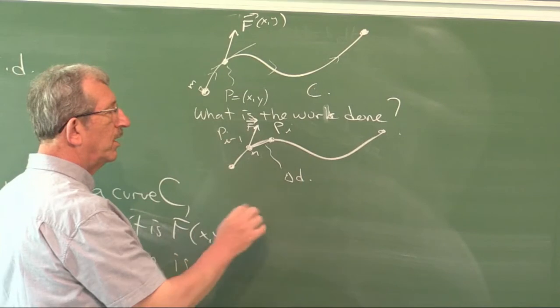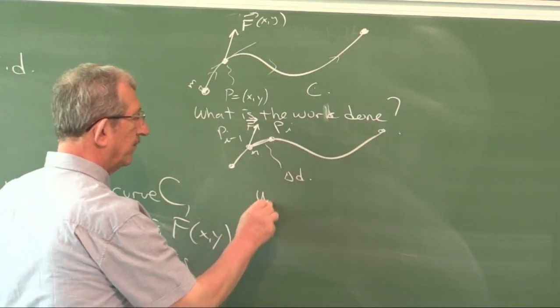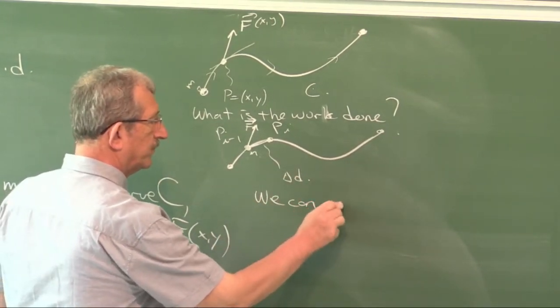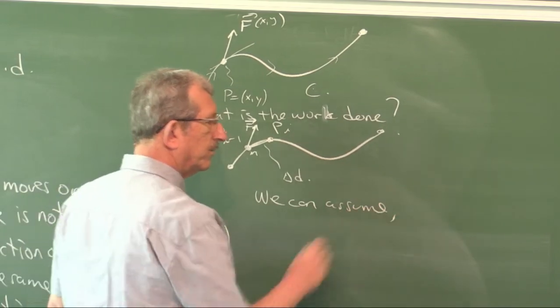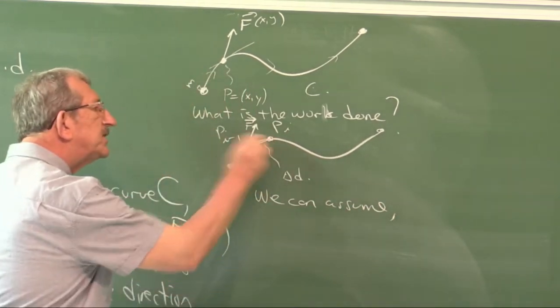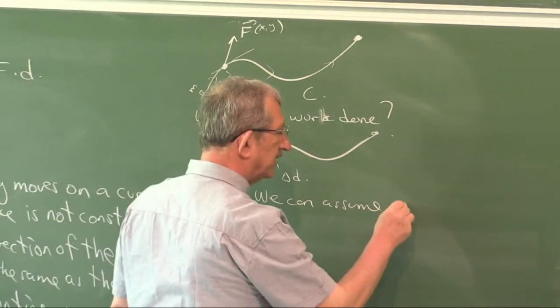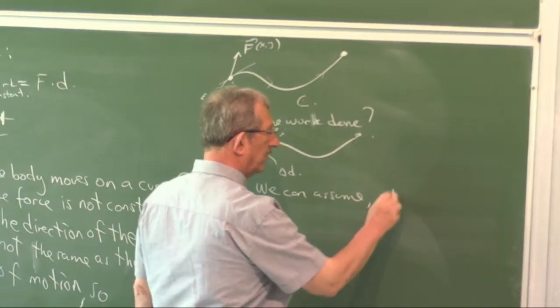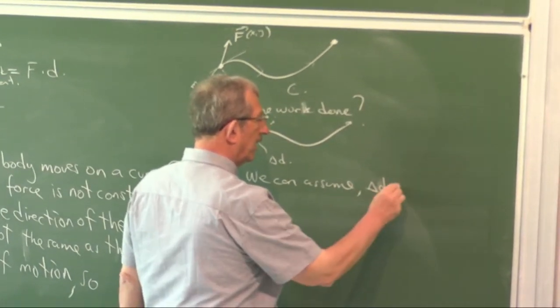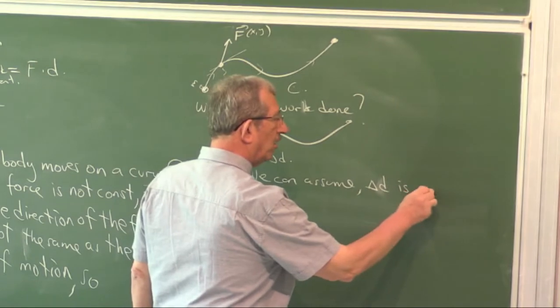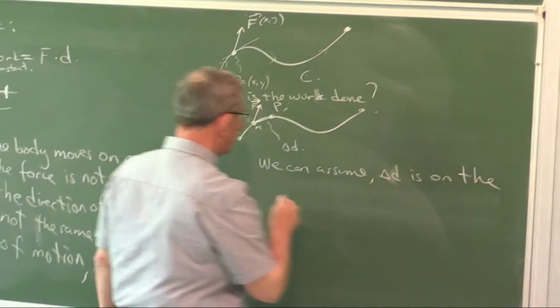First of all, we can assume that the distance moved, that is delta d, is on the tangent line.